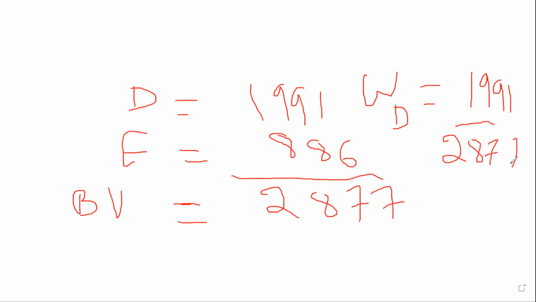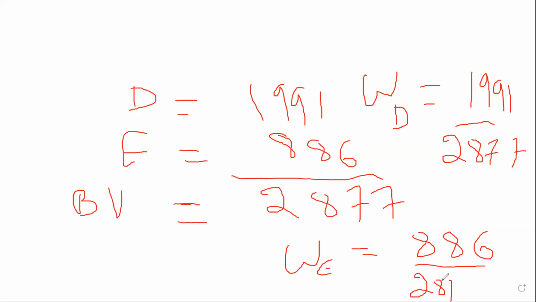Similarly, the weight of equity which the company has is equal to 886 divided by 2877. You can calculate exactly what it is, but I can quickly say that debt is nearly 70% and equity is nearly 30%.